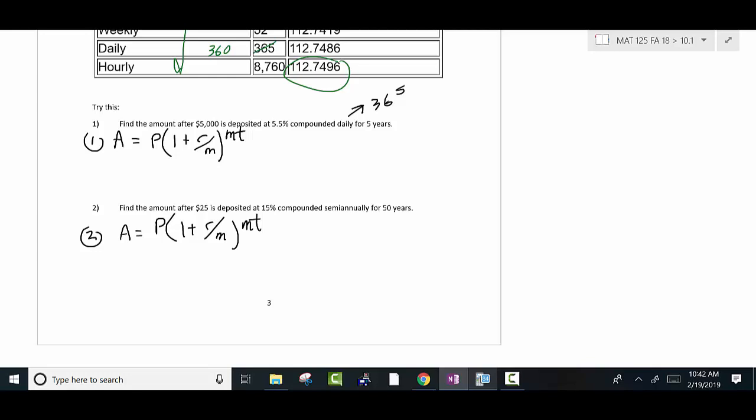So I think that goes up into the 30,000s or something, if I remember right.